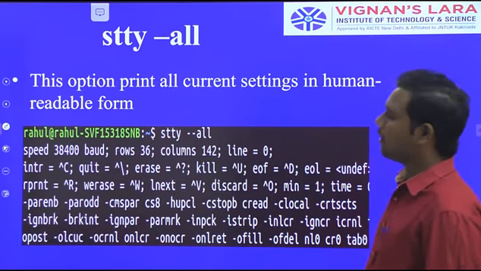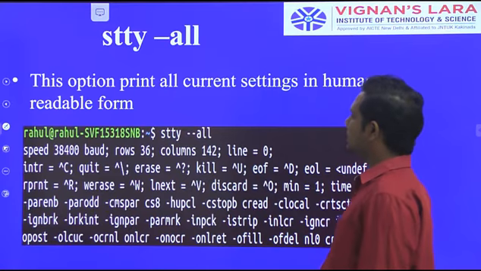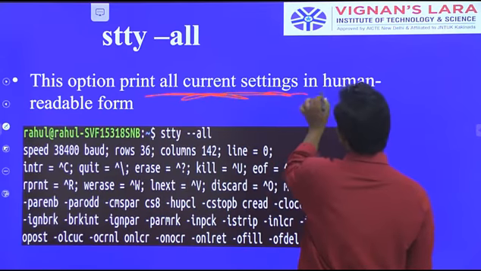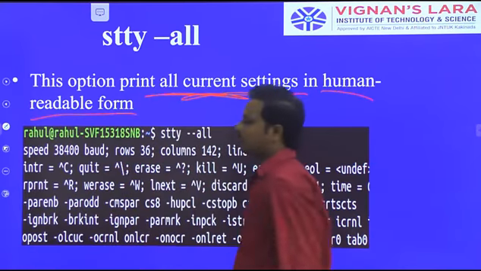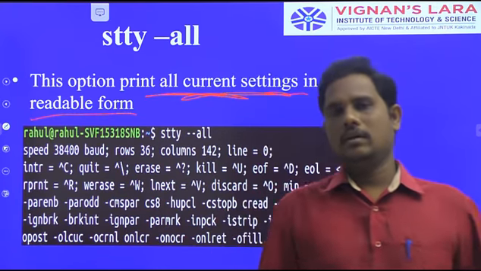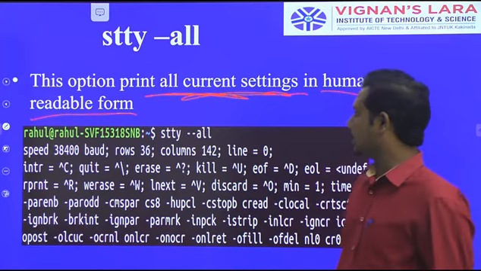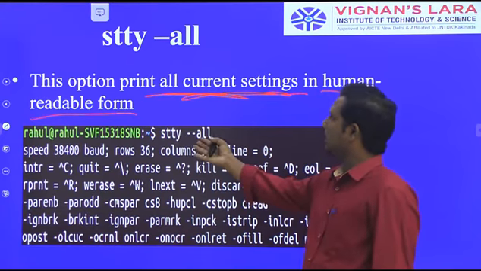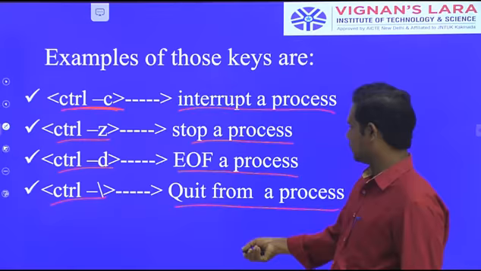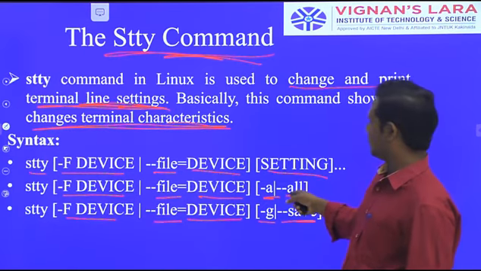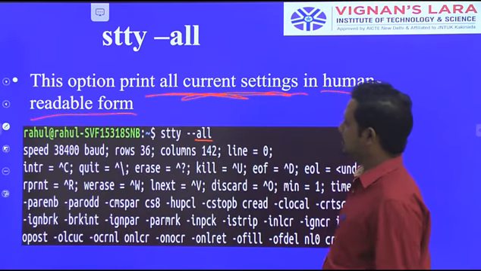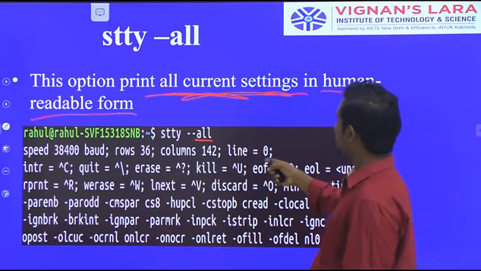Next, STTY all. This option prints all the current settings in human readable form. Whatever we have done in the terminal, those things are displayed. Here you can see option all means speed, rows, how many columns, how many lines.